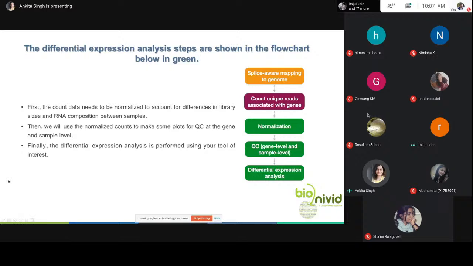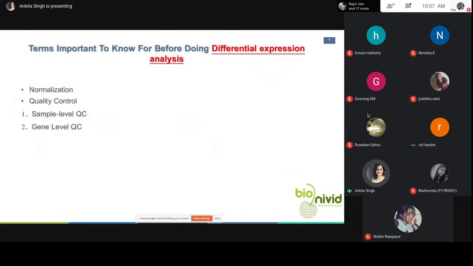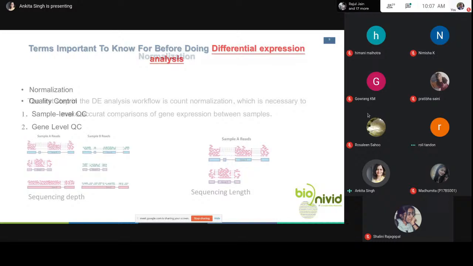The two very important steps for any differential gene expression analysis are, first, normalization, how normalization has to be taken care of. Second, you have to look at how my data is, whether it is good to perform a particular kind of differential expression or not. So for any differential expression analysis, you have to keep in mind the two steps, the normalization and the QC control step.